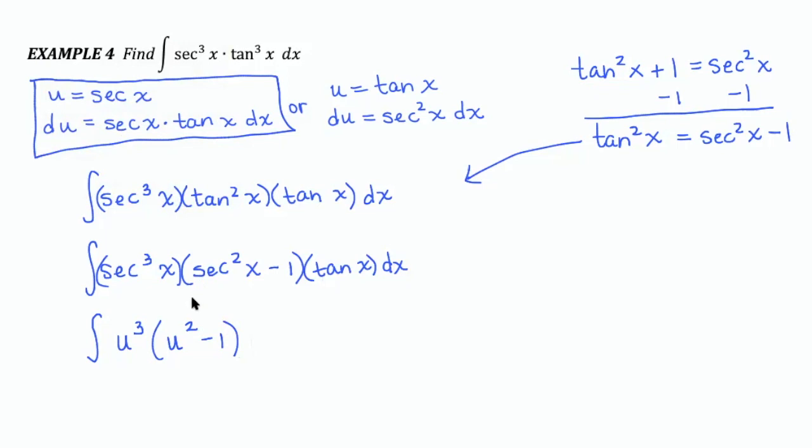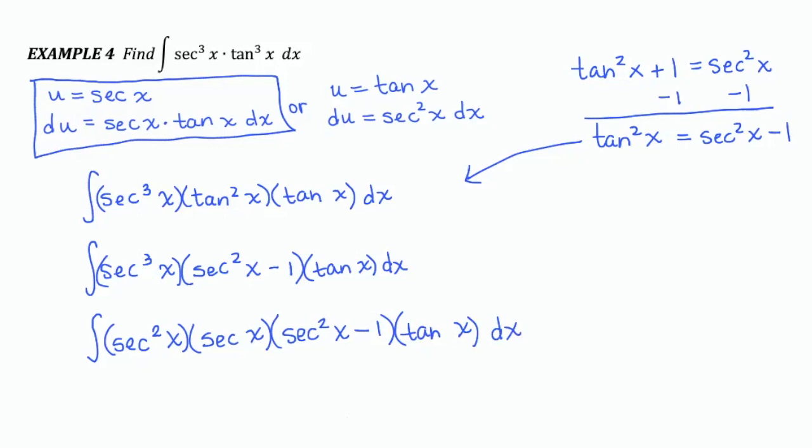So the last stroke of genius with this one is to realize, I have an extra secant over here that I could borrow from. So I'm going to take secant cubed, write it as secant squared x, and a secant of x. I keep the rest of the integral the same.